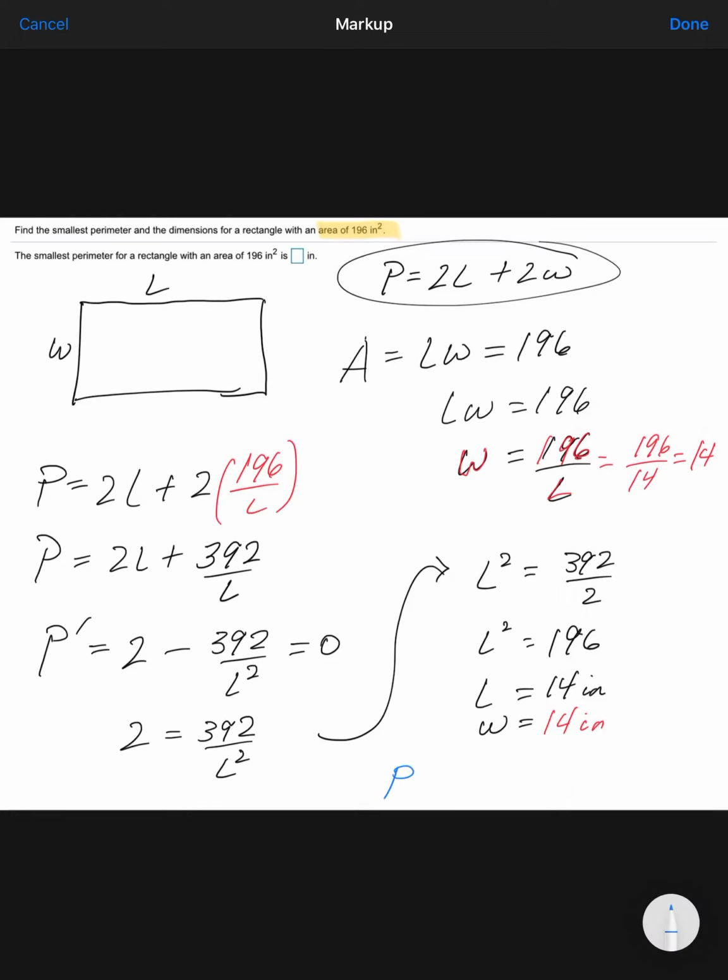We have P equals 2 times 14 plus 2 times 14, 28 plus 28. That would give us 56 inches, the smallest perimeter that we could obtain.